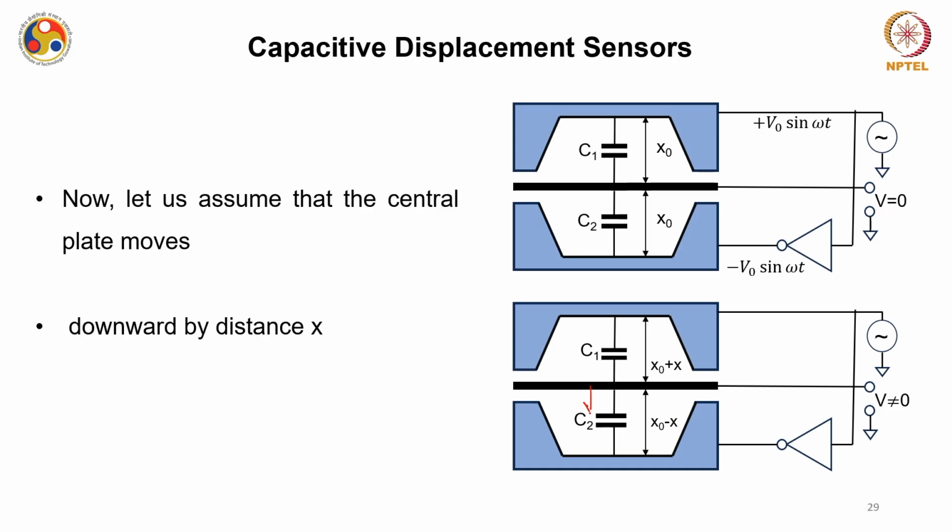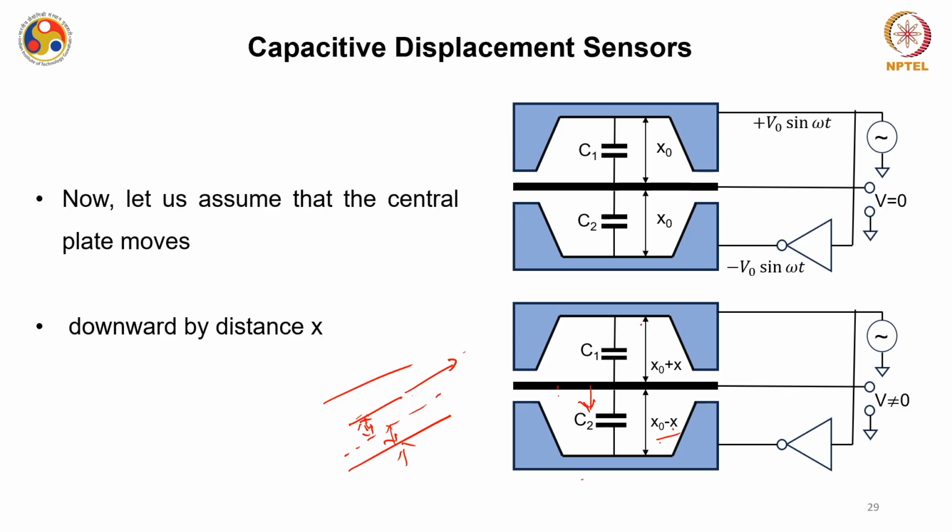Now let us assume that the central plate has a movement, and this movement is in the downward direction. All right. So in this 3-plate configuration, if this plate was at this position initially and it moved to this position now, it means that from the bottom the distance is decreasing. So the distance between the central plate and the bottom electrode is around x naught minus x, where x is the movement of the central plate.